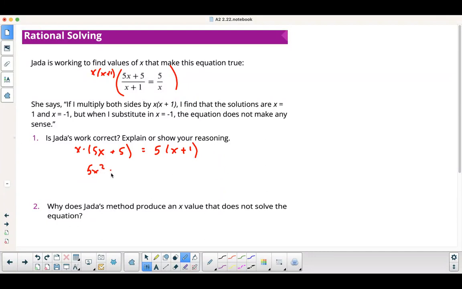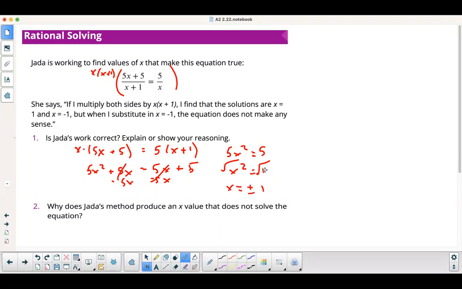I get 5x squared plus 5x equals 5x plus 5. When I subtract the 5x's, those cancel. Sorry, 5x squared equals 5. Divide by 5, x squared equals 1. All right, her work looks right.